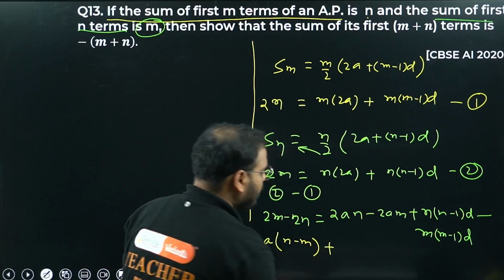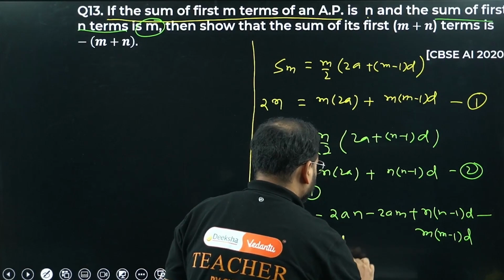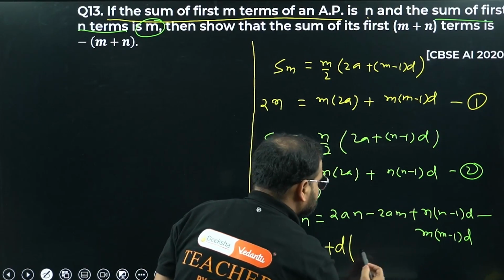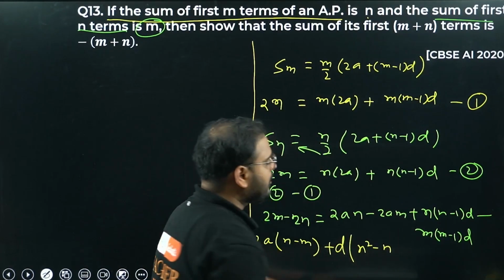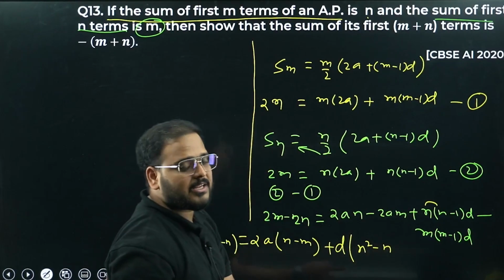What about this? I can take d common. What I'm getting is n square minus n, multiplying n with n square and n with minus 1.